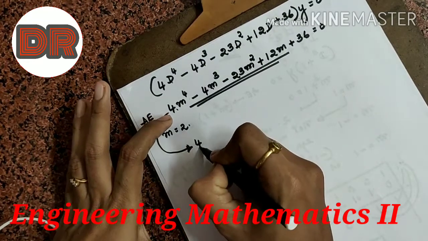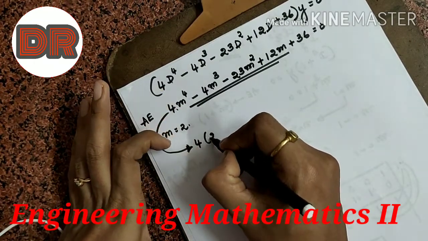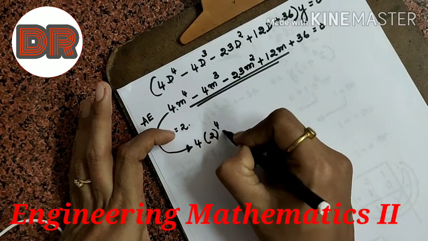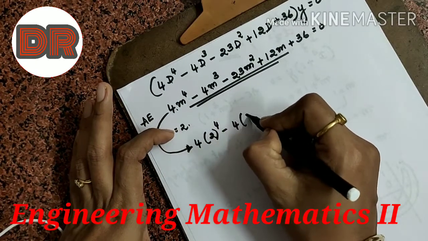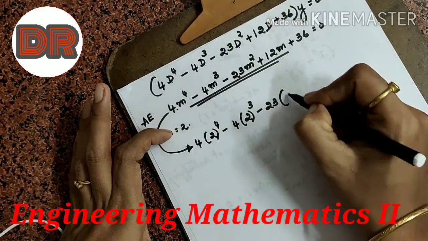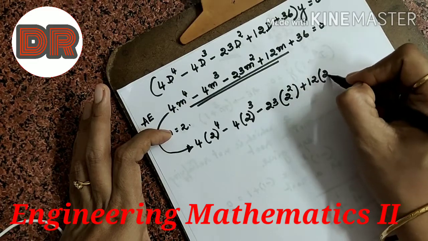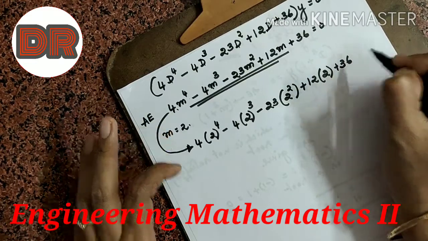So it is 4 into m to the power 4, that is 2 to the power 4, minus 4 into 2 cube minus 23 into 2 square plus 12 into 2 plus 36.